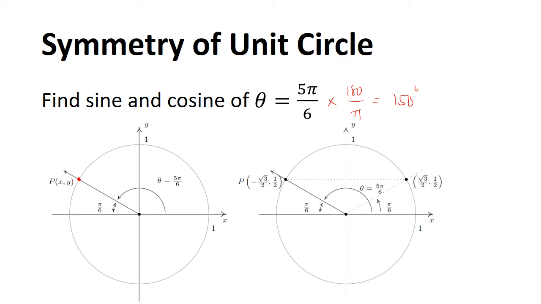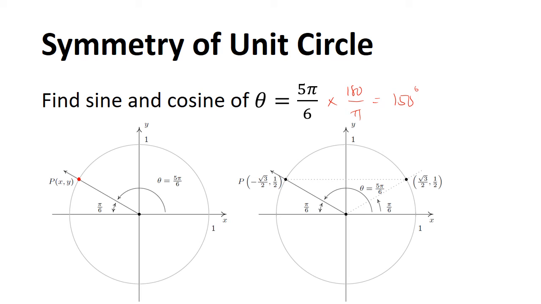So, ibig sabihin, merong symmetry sa unit circle at pwede nating magamit to our advantage yung symmetry na yun para imbis na mag-compute, okay, i-inspect na lang natin and lalagyan na lang natin ng kung either positive or negative siya, depende sa kondisyon kung nasaang quadrant siya.